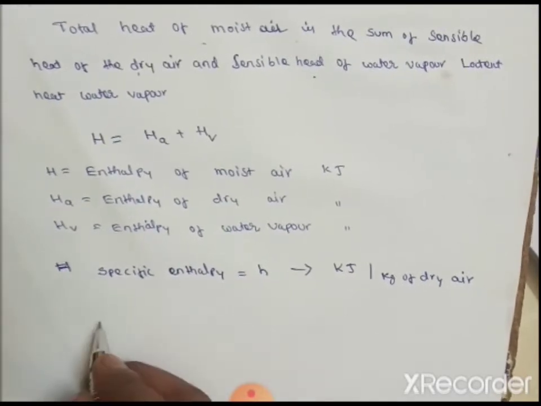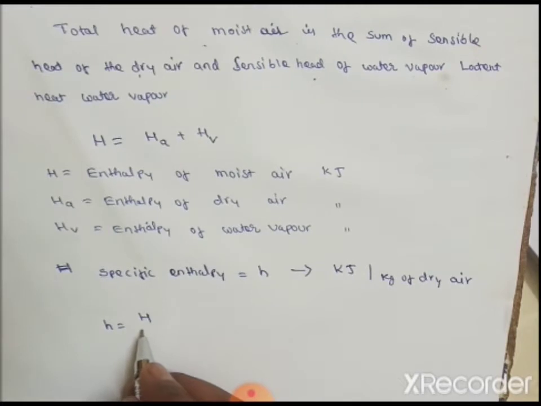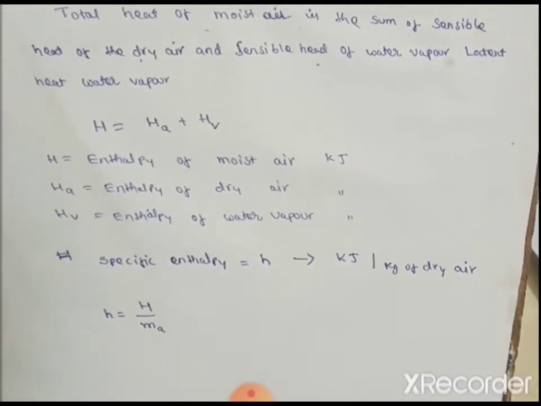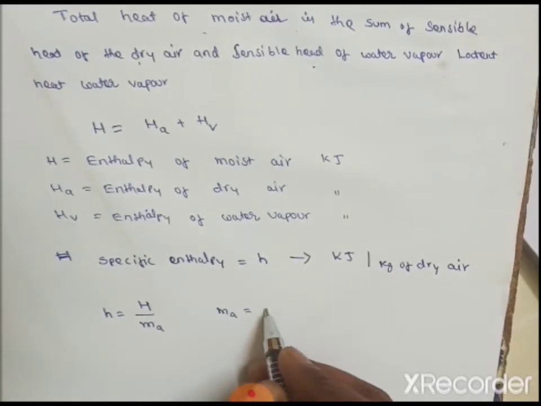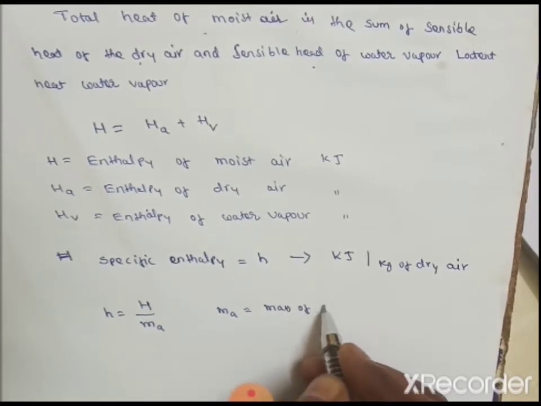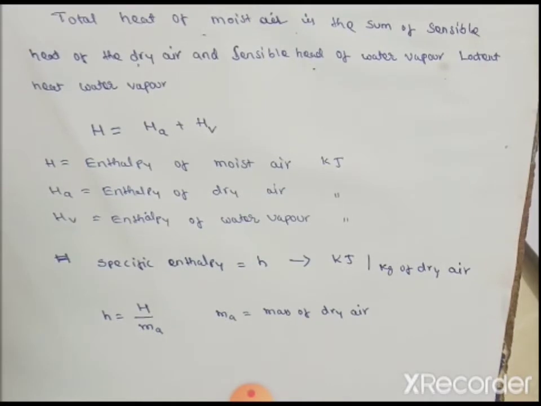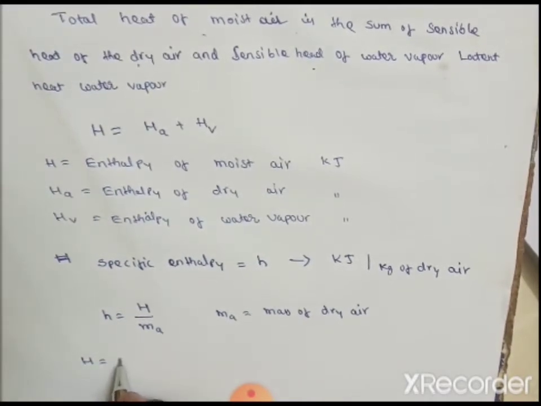So the small h is equal to H by mass of dry air. Here ma is the mass of dry air. So the capital H is equal to h times ma.